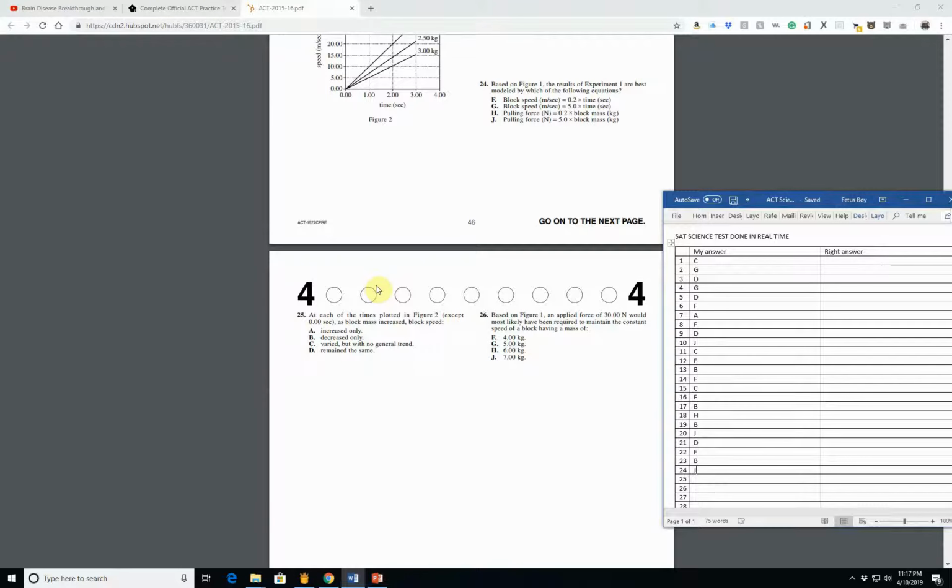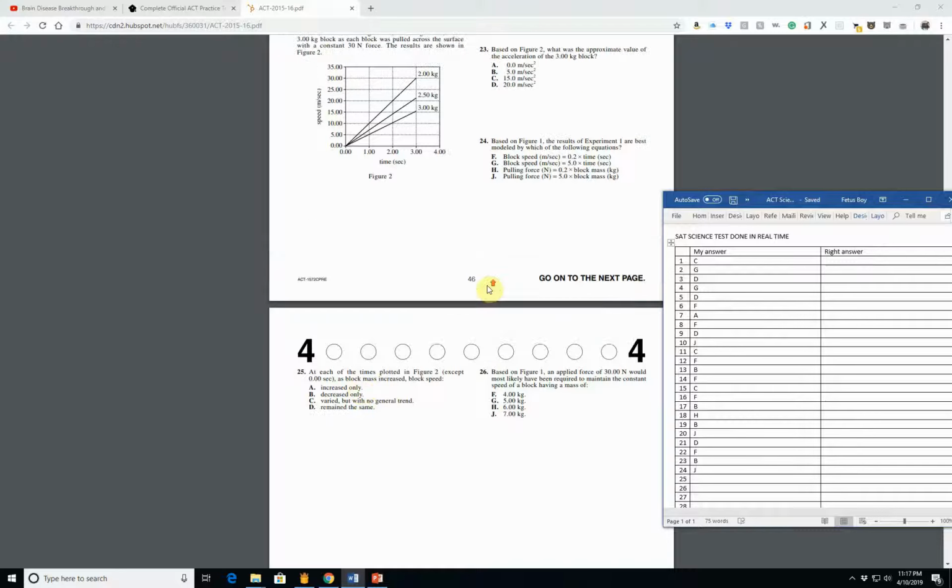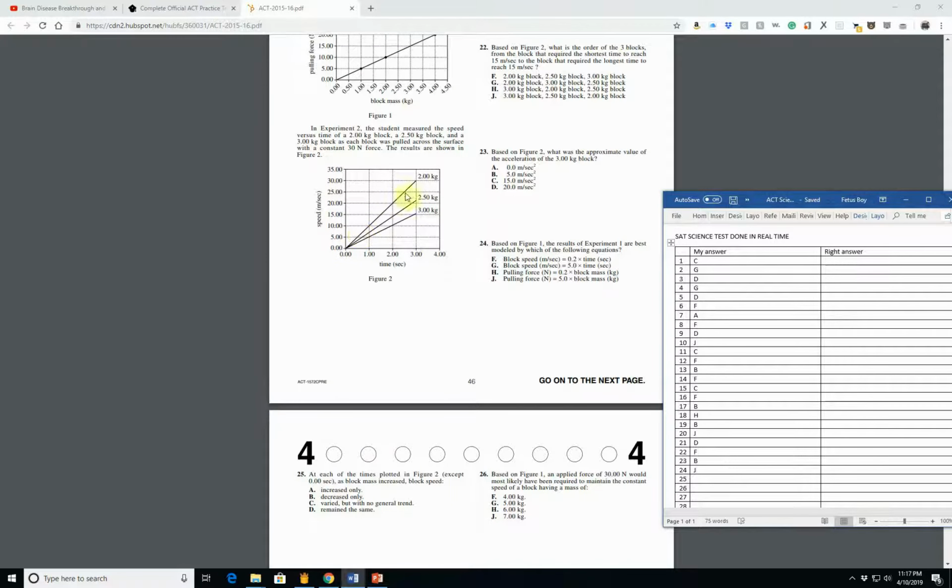At the times plotted by figure 2, except 0 seconds, as block mass increases, block speed... Well, this generally slows, so it'd be B. Yeah, you can see, speed goes down, mass goes up, speed goes down.